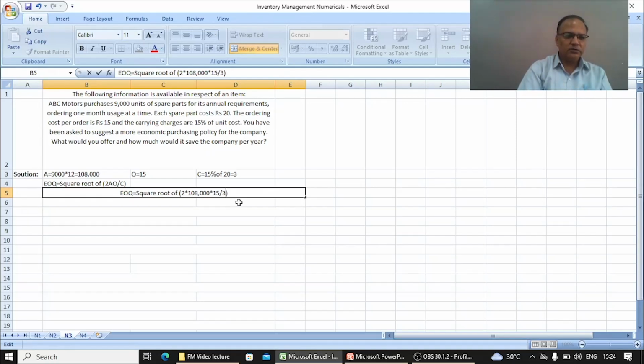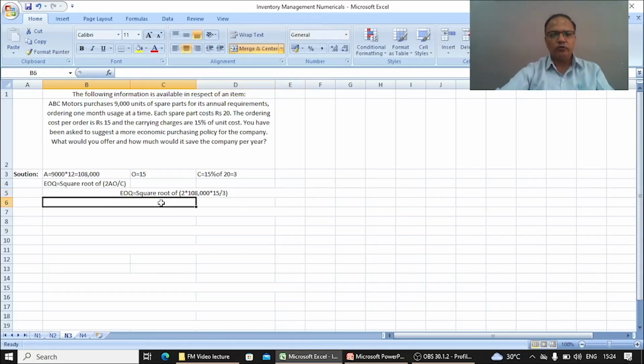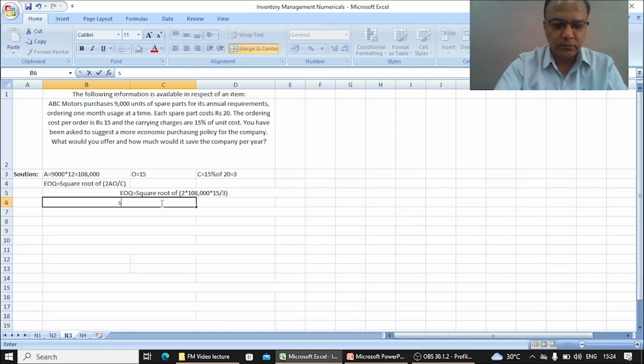That is 10,80,000, so the square root of 10 lakh 80,000.